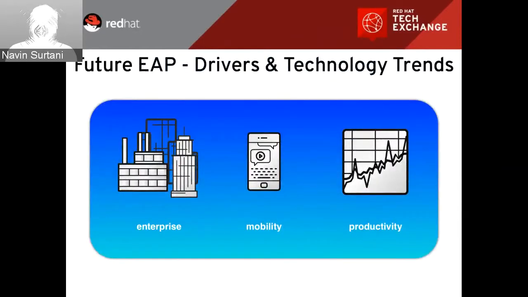Next slide. So future EAP drivers and technology trends. You probably saw in my keynote presentation that the current EE7 revolves around three things. Enterprise. We've seen a number of APIs added for things like batching.